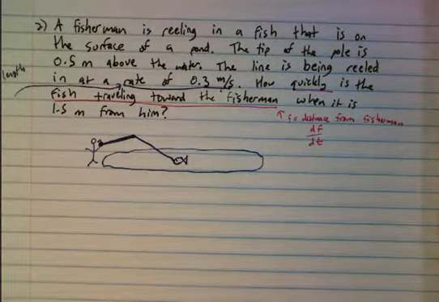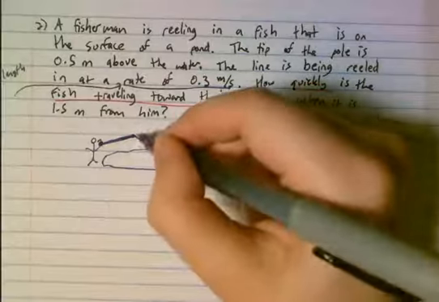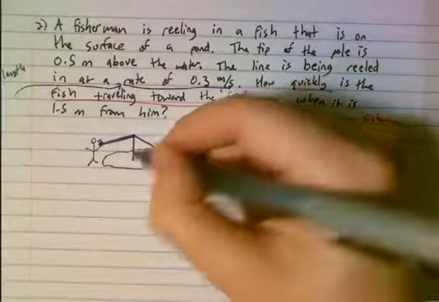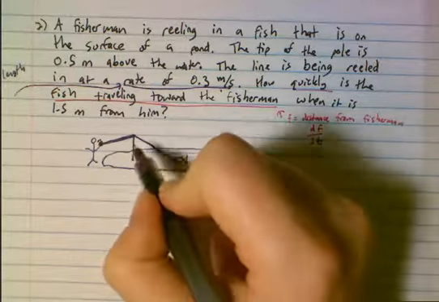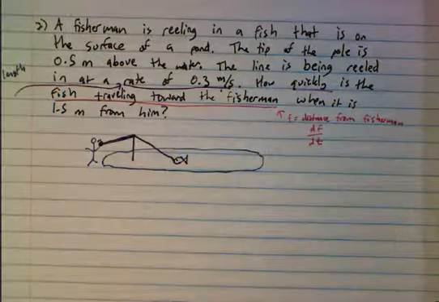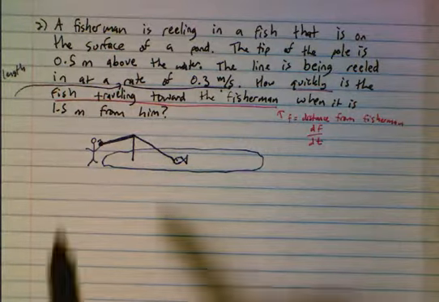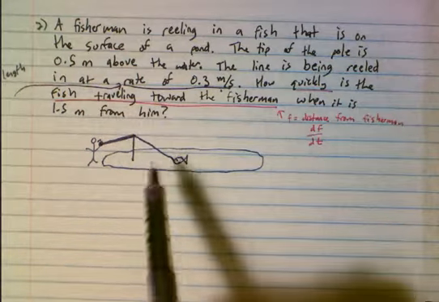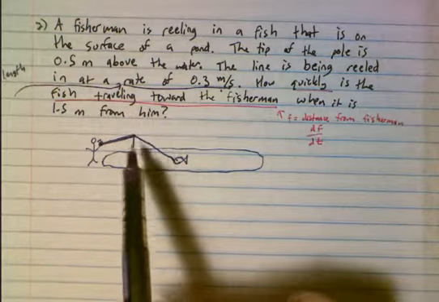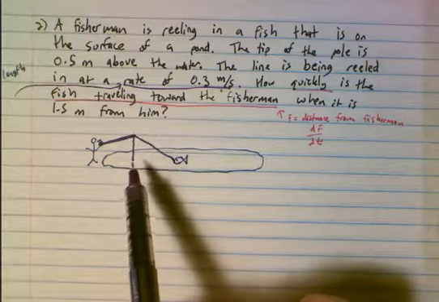Okay. And the tip of the pole is 0.5 meters above the water. So the distance here to the surface of the water is 0.5 meters. And this isn't changing. So let's see, the line is being reeled in, so this is getting shorter. But the height of the pole above the water isn't changing at all.